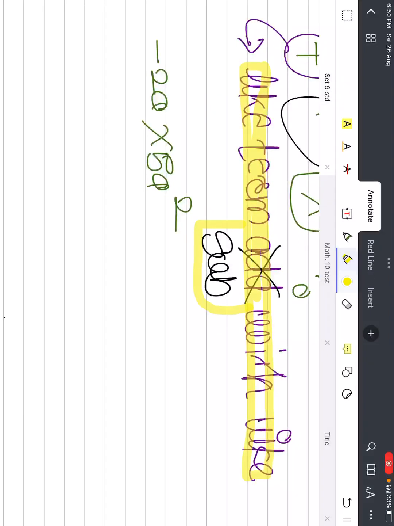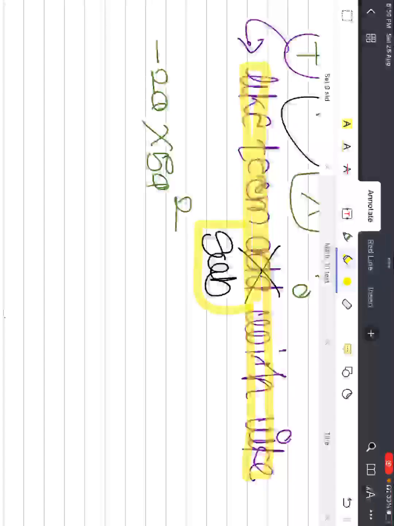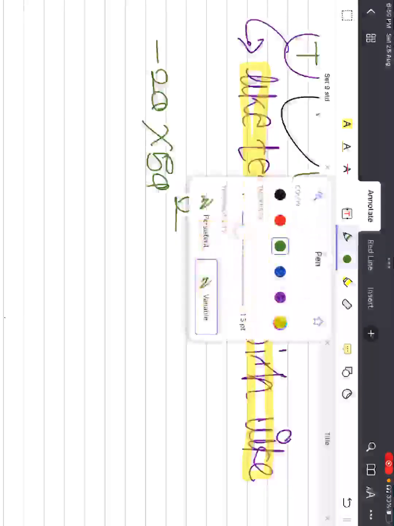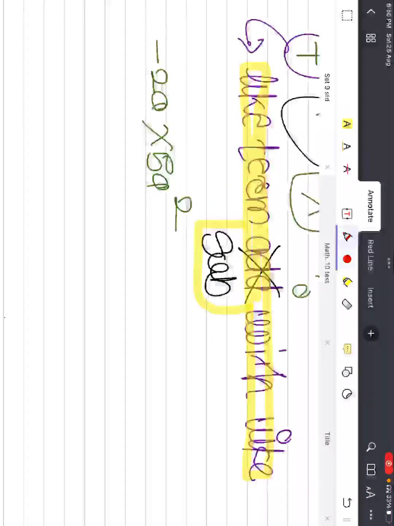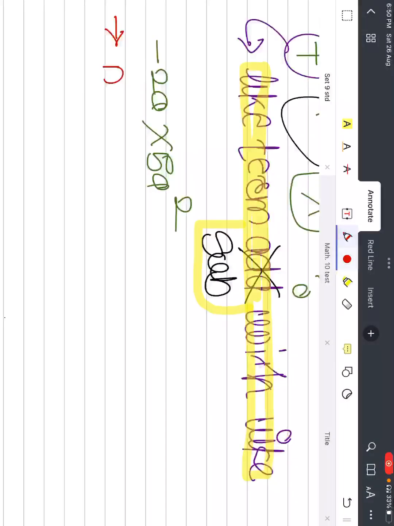But this law is not applicable over here. So always keep in mind, here like terms or unlike terms make no difference. In this case, always keep in mind, number will multiply with the number and variable will multiply with the variable. Clear? So like this format we have to move forward.